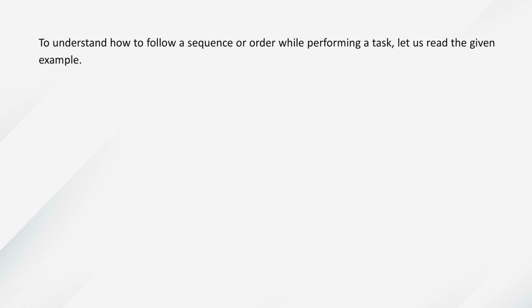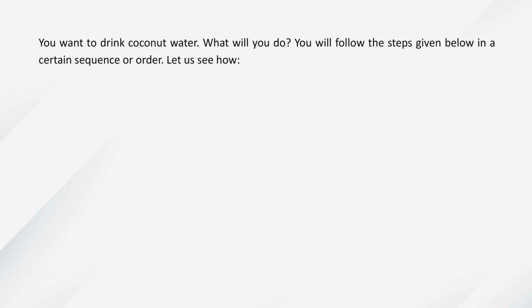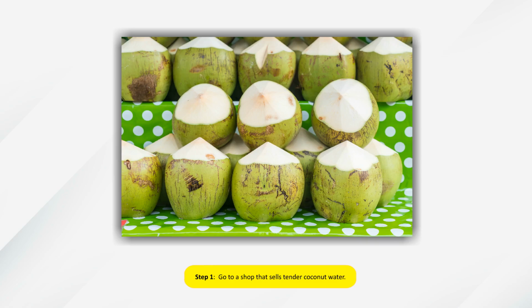To understand how to follow a sequence or order while performing a task, let us read the given example. You want to drink coconut water. What will you do? You will follow the steps given below in a certain sequence or order. Let us see how. Step 1. Go to a shop that sells tender coconut water.